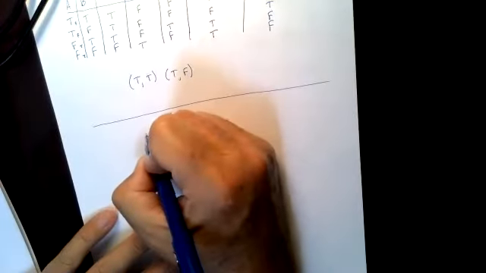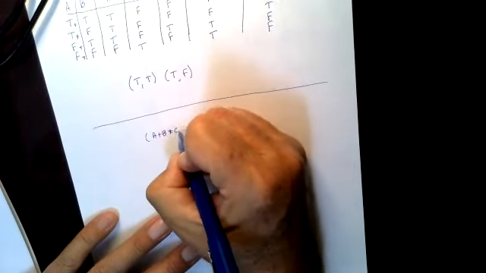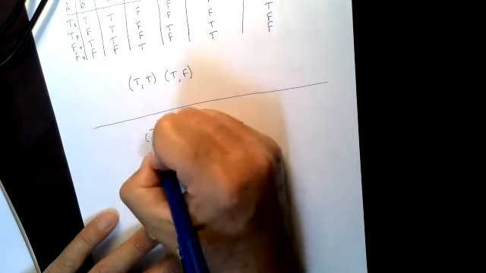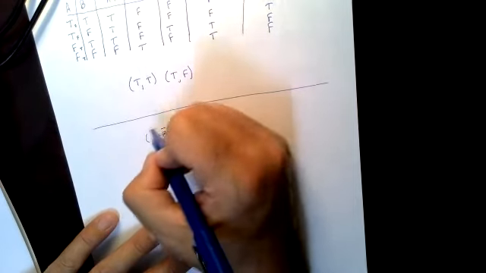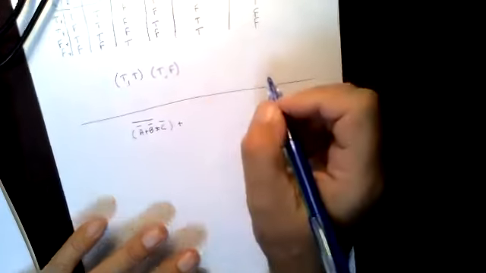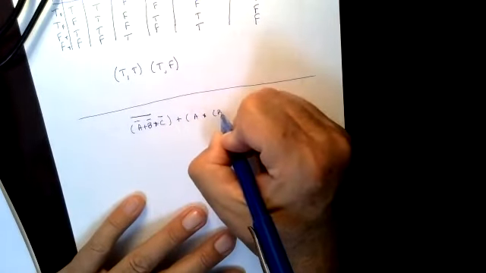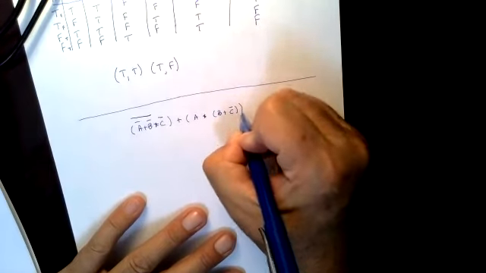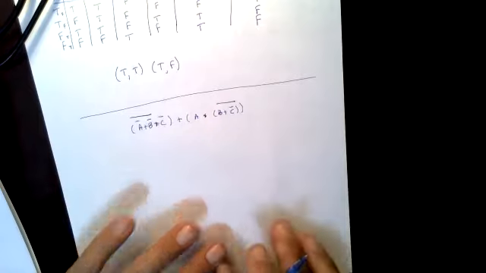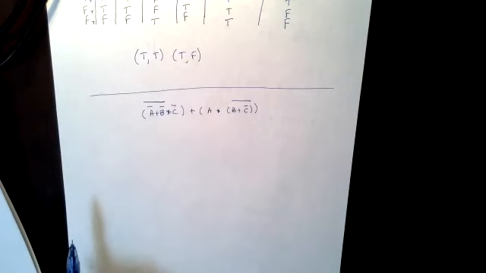Let's see, I have parentheses, A plus B times C. I have a not over A, a not over B, a not over all of A and B, a not over C. Plus A times B plus C naught, and a not over the B plus C naught. Make sure I copied that right. Not over not A plus not B times not C plus A times the not of B plus C naught.